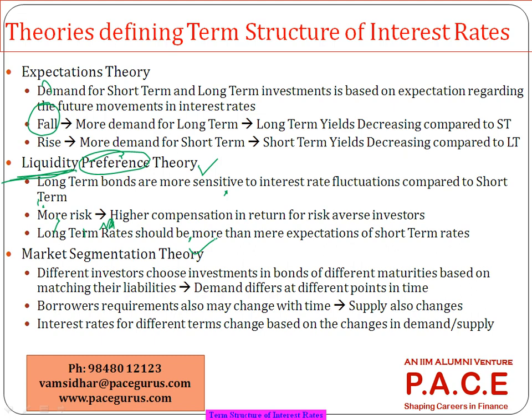What this term structure theory is explaining is that different parties have different requirements, so the demand for long term and short term investments differs completely based on how the requirements of different investors are changing over time.